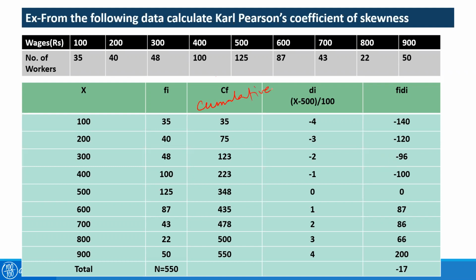Therefore, I have taken cumulative frequencies, which is adding the frequencies one after another: 35, 35 plus 40 is 75, 75 plus 48 is 123, 123 plus 100 is 223, and in the same way I have calculated all the cumulative frequencies. One way to check whether your cumulative frequency calculation is correct is that the last number should be equal to the total frequency.